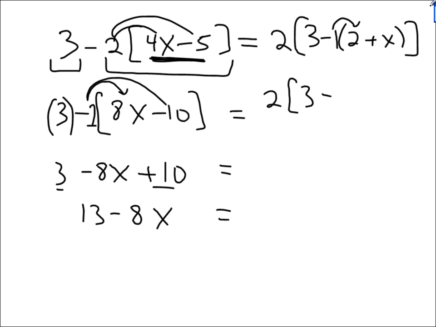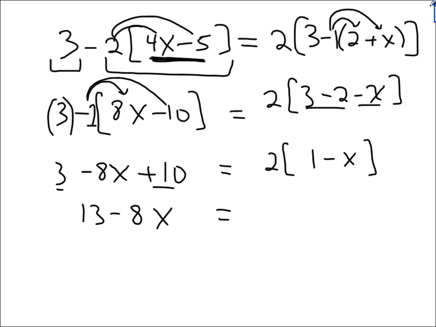Negative 1 times 2 is negative 2. Negative 1 times positive x is negative x. So we distribute. Now we will combine like terms. 3 minus 2 is 1. Don't forget to take away x. Now we distribute again. We have 2 times 1 is 2. 2 times negative x is negative 2x.